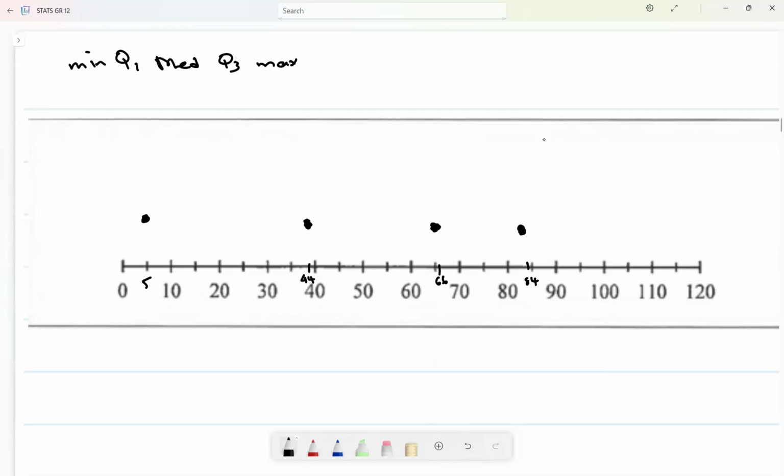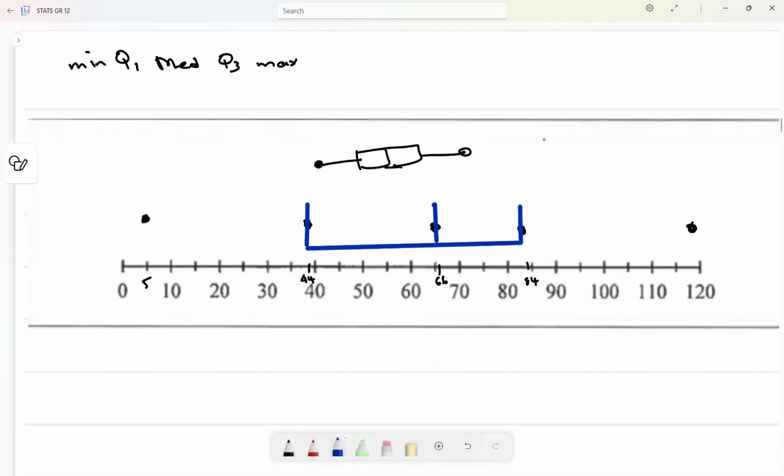So remember, a box and whisker plot is supposed to be something like this. This is what we refer to as the box and whisker plot. What I'm going to do is draw lines like this across them, like that.